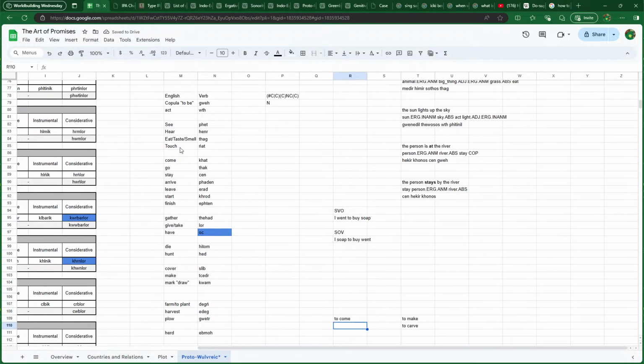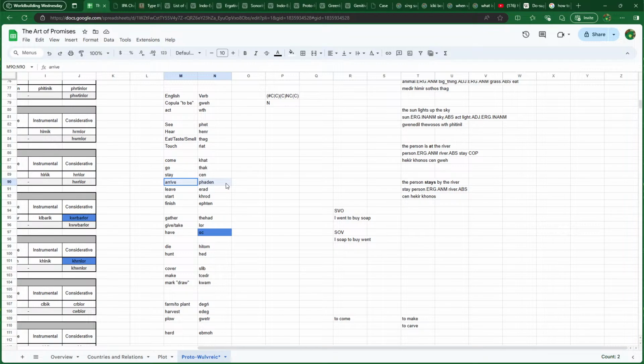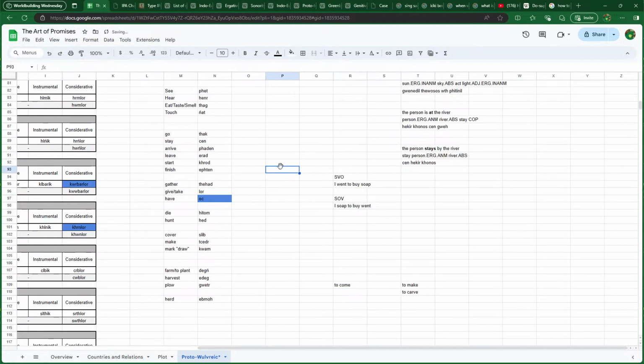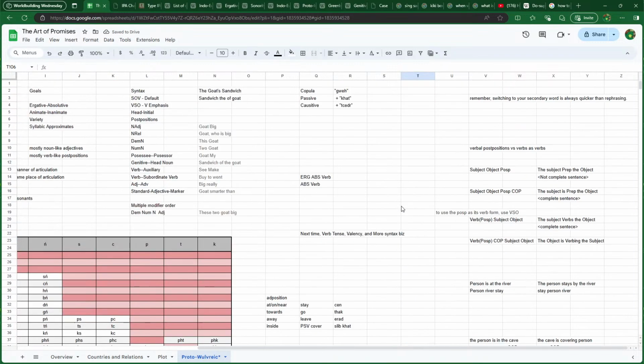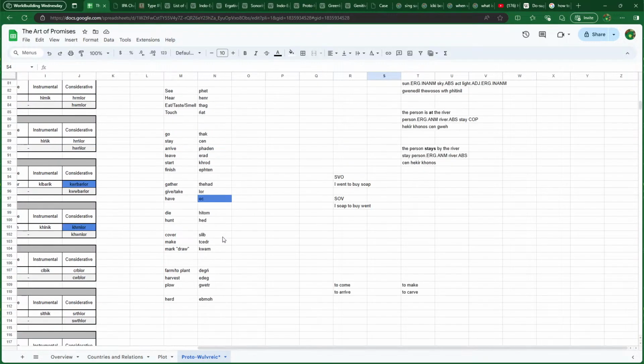And I think that arrive replaces come because we've already got a word for that. So, awesome. So we have to make a new word for make.